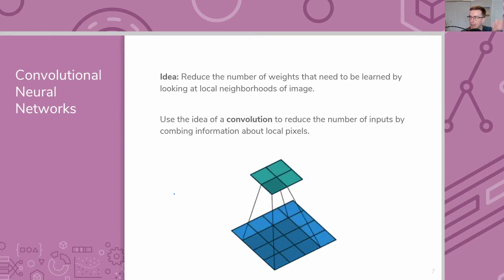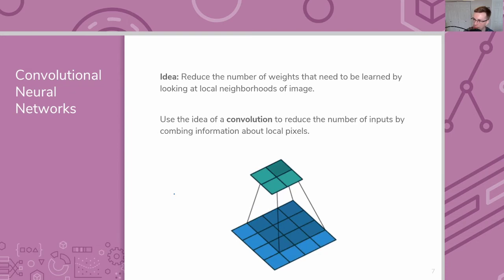So instead of having this giant 200 by 200 image as our input, we'll use this thing called a convolution, which I'll explain. I'll walk us through what this means, step by step, to reduce, in some sense, the dimensionality of our input by doing a computation on a group of pixels nearby each other in our input to make a new derived value based on that region.